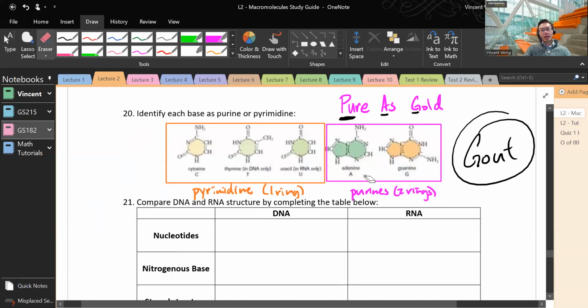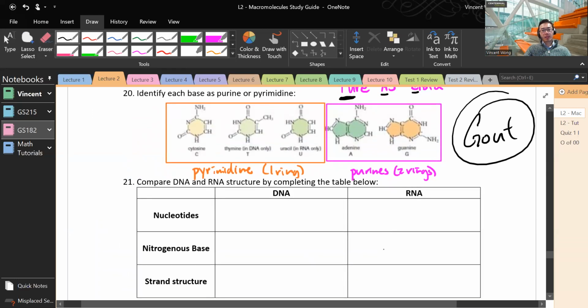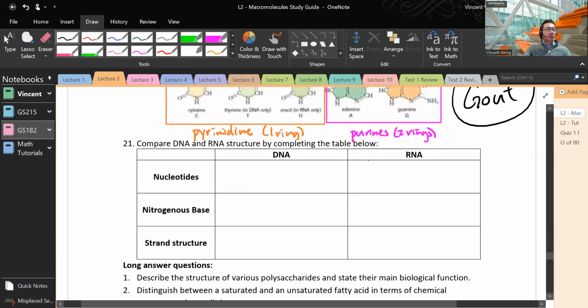And as you know, in terms of the base pairing rule, the purines pair with the pyrimidines. So A pairs with T or U, whereas G pairs with C only. Let's finish the chart here.